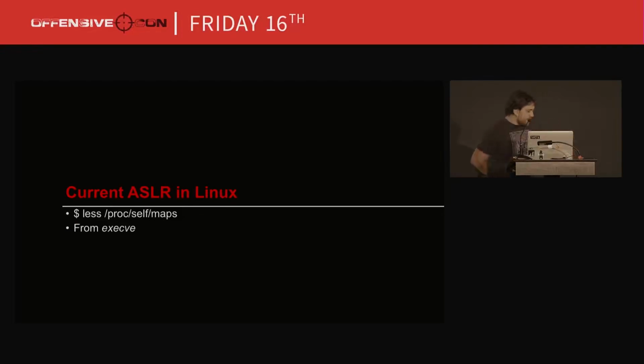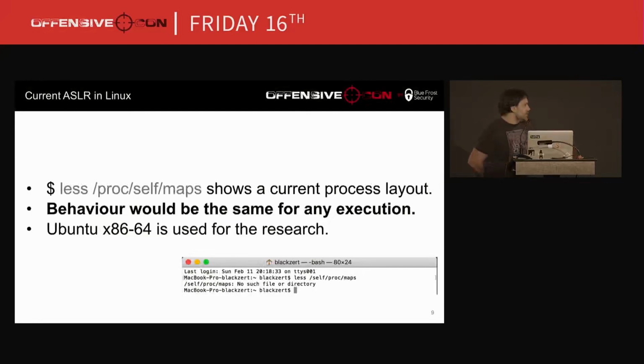So first of all, let's take a look at how the current ASLR works in Linux. We will take a look at the maps file. If you know, it's a file that shows the current layout, the current mappings in Linux.